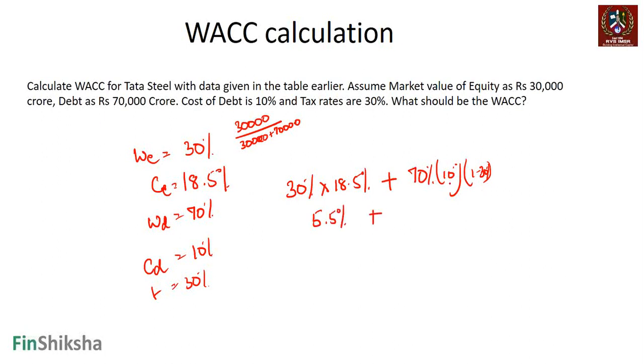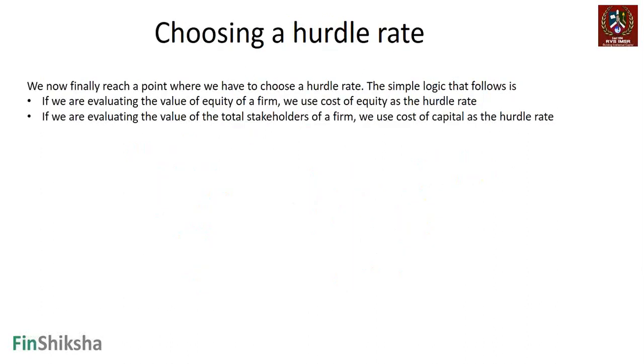And 70 into 10 into 1 minus 30 is 70 into 7%, that's 4.9%. So what we're going to get is somewhere around 10.4%. That is going to be the weighted average cost of capital for Tata Steel, right? That's how you basically calculate the weighted average cost of capital.